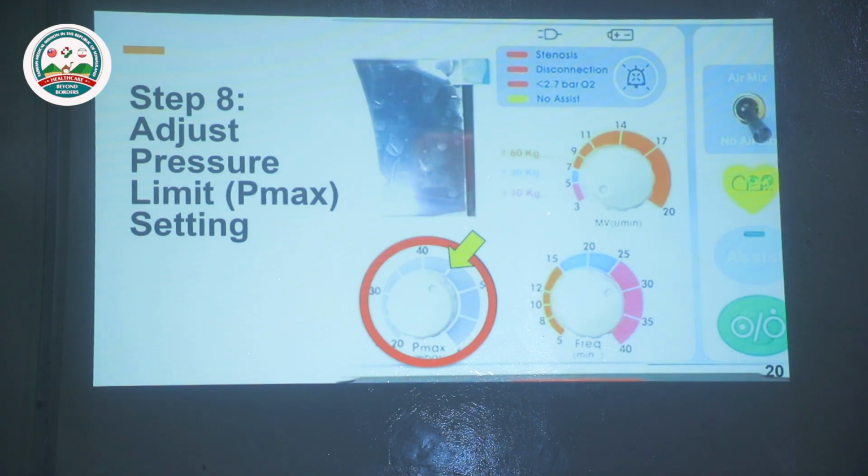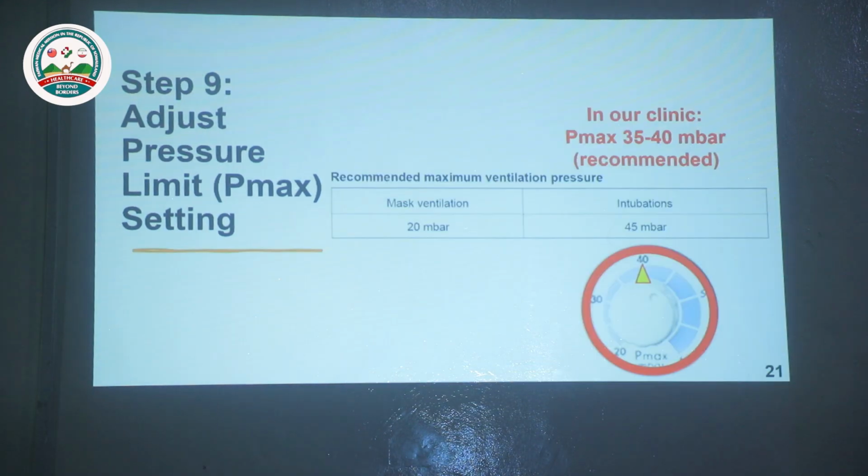Okay, and after adjusting minute ventilation and frequency, the next step is to adjust the pressure limit Pmax setting. But this setting is just for alarm, just for protection to prevent high airway pressure in the lungs of patients. So usually, if the patient uses mask ventilation, using the mask to cover nose and mouth, we need to set the limit around 20.